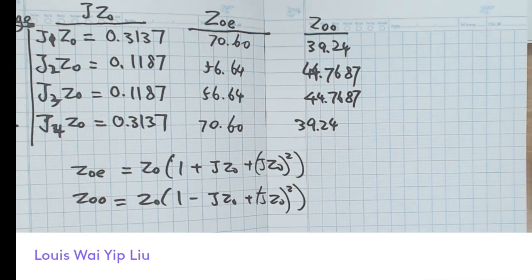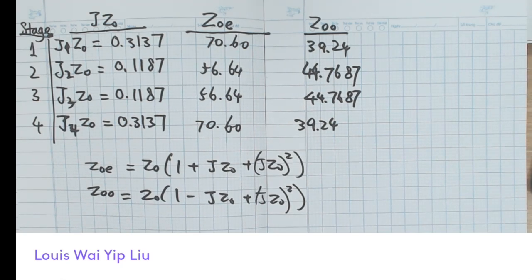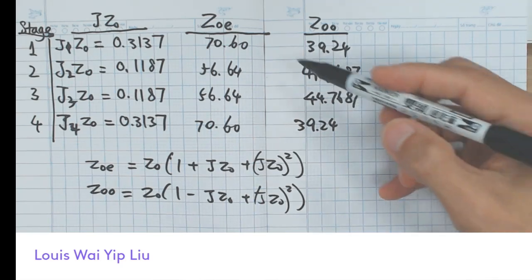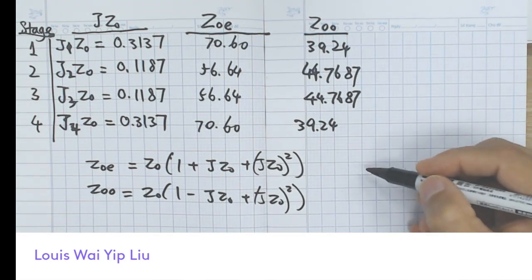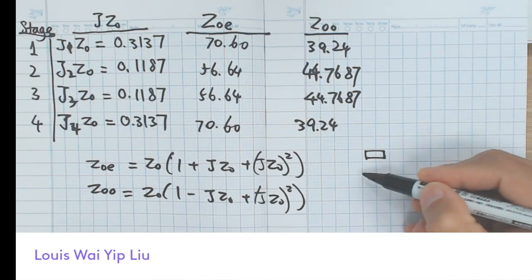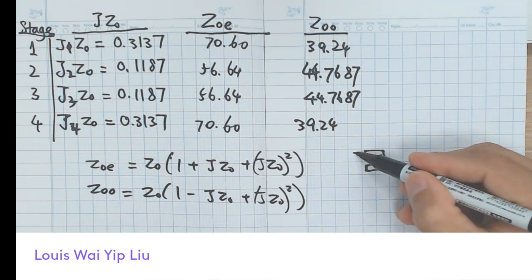So I hope this will help. This is what we need for implementing a filter. And you will want to know how the filters look like. It will be like this. So in stage 1, we will have a coupled line like this.